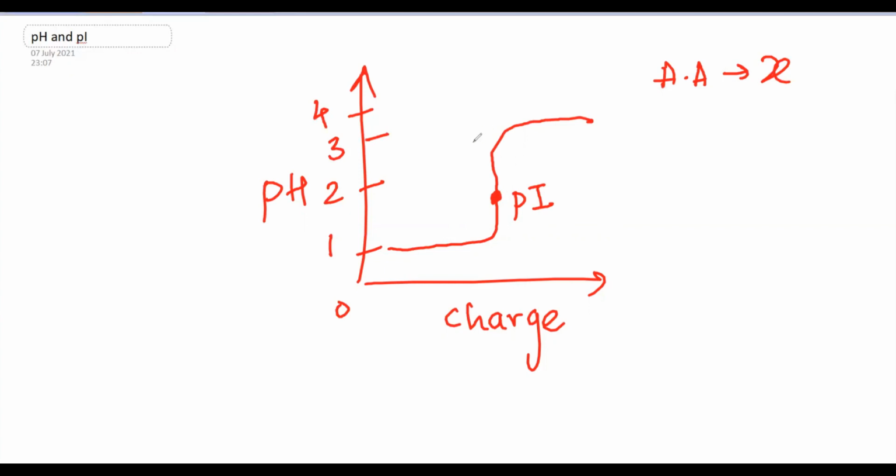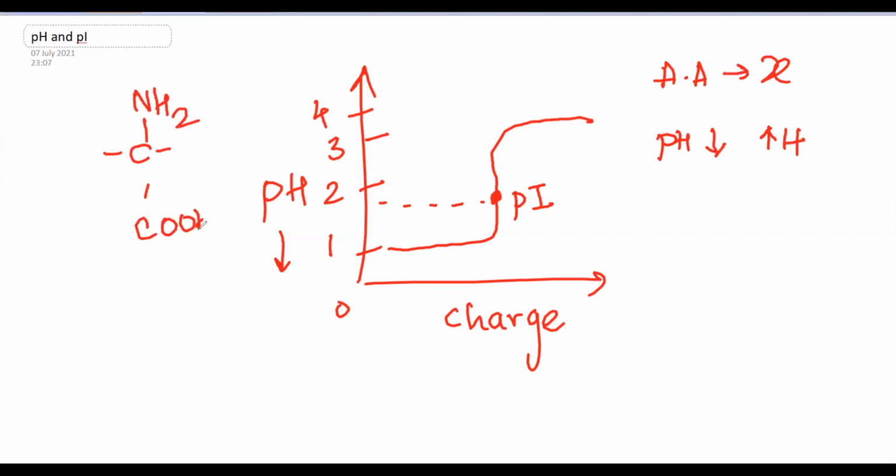Now, I'm going to give you a trick as to how to remember this. See below the PI, the pH is very low, correct? pH is low means what? There are a lot of H plus ions. Yes, pH and H plus are inversely related. So when there is a large amount of H plus, this COOH does not want to leave its H plus.